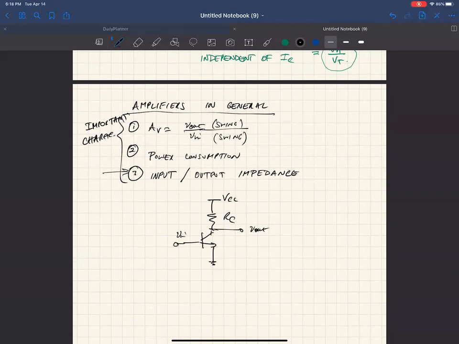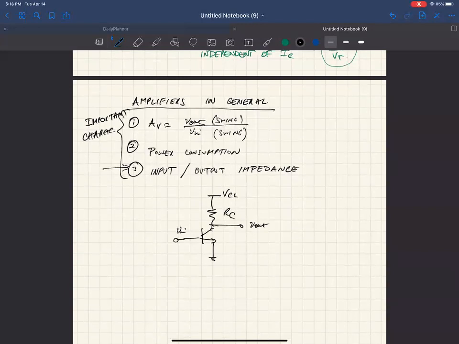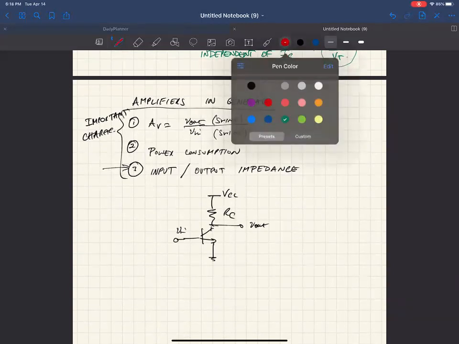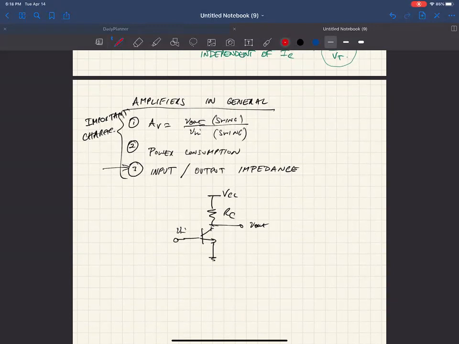So the input impedance is just a verbal description. For the most part, we're just going to work with resistance. We're not going to worry about capacitive, so complex impedances at this point. So let's just talk about input impedance or input resistance. It is the resistance or impedance you see when you're driving this common emitter stage.